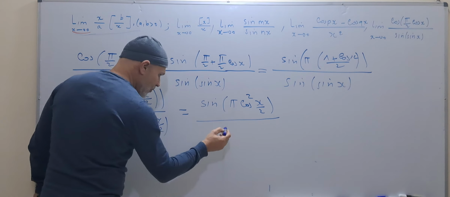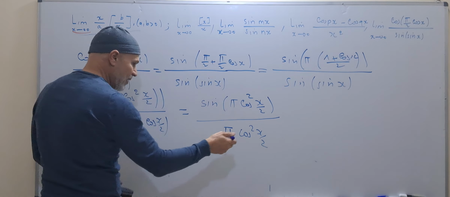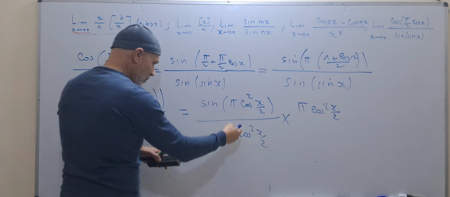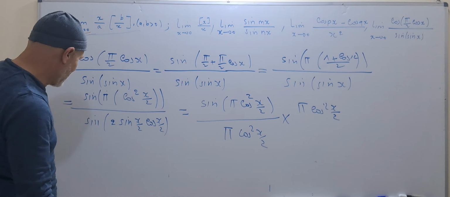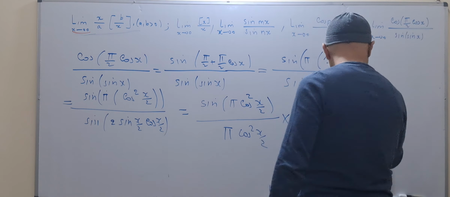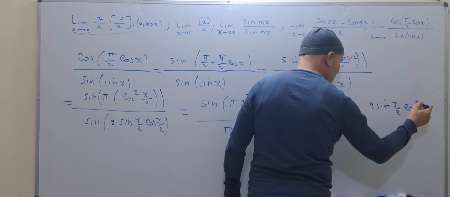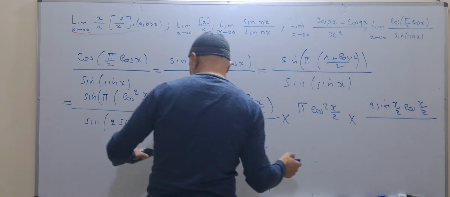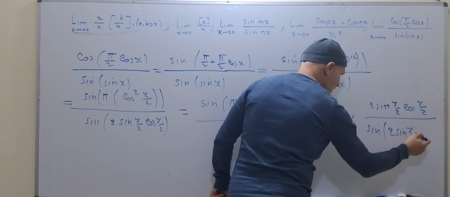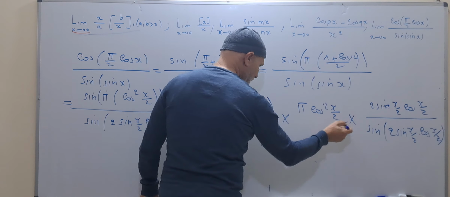We make here the same thing, p cosine squared x over 2, so we have p cosine squared x over 2 over 2 sine x over 2 cosine x over 2. We put this here.